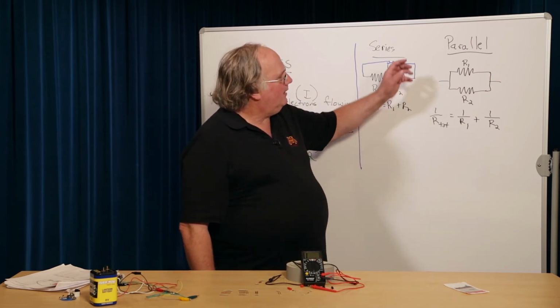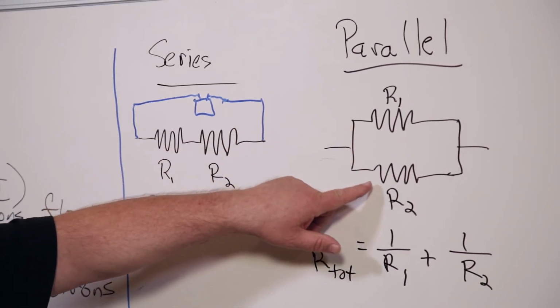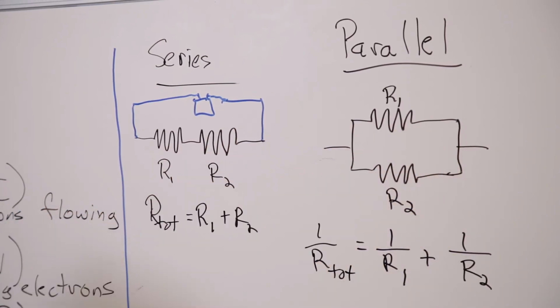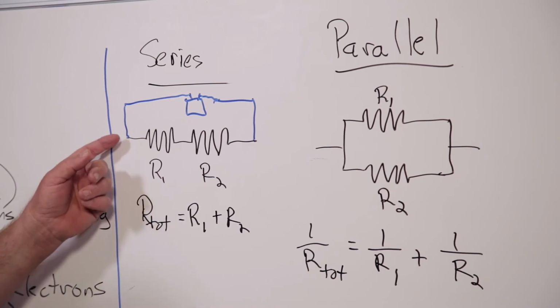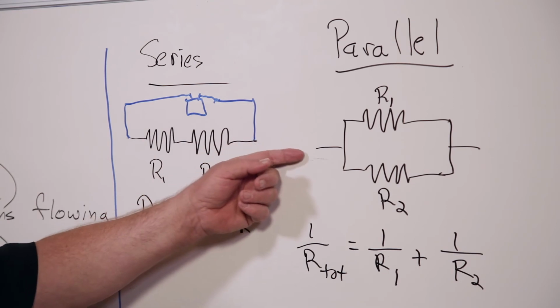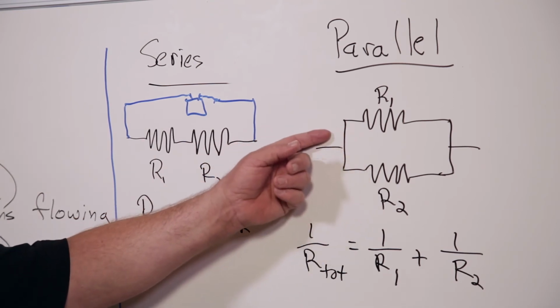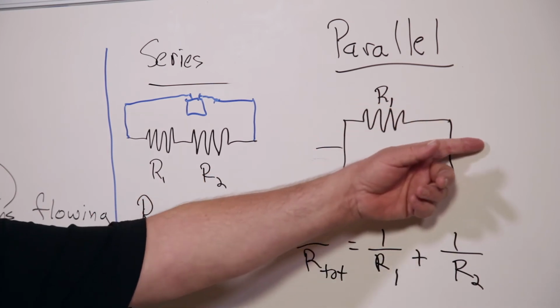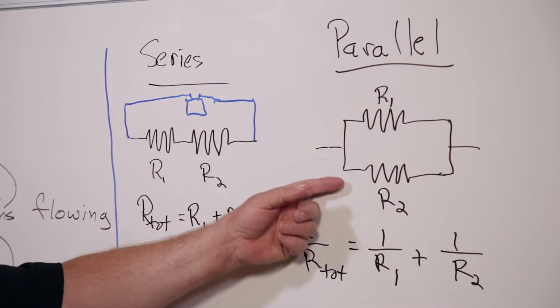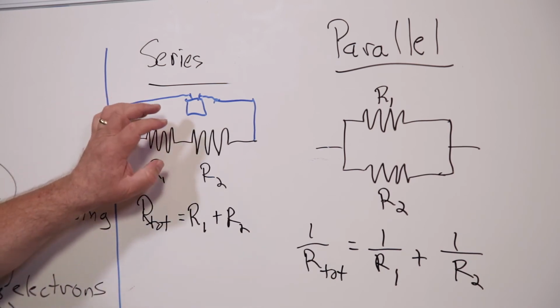The other way to connect resistors is in parallel. And if you look at this diagram, you see things are a bit different here. Instead of electrons flowing through one and then through the next, electrons have a choice between going through R1 and then out, or going through R2 and then out. So this is kind of an and.